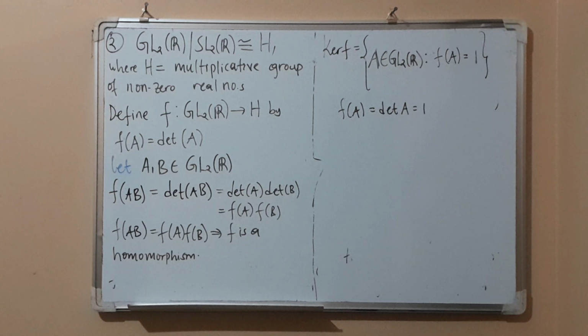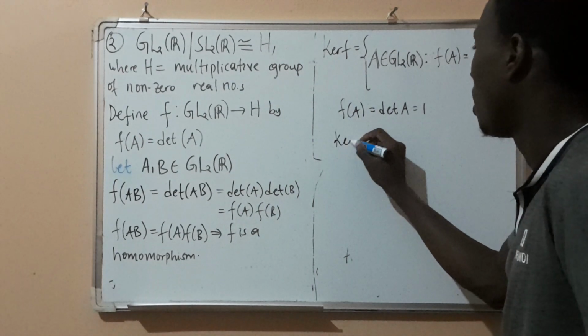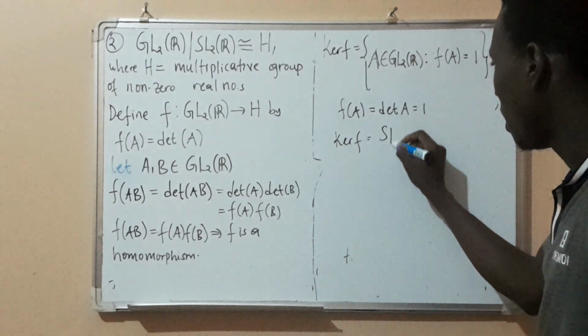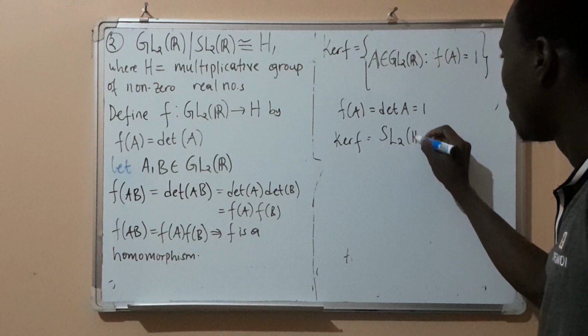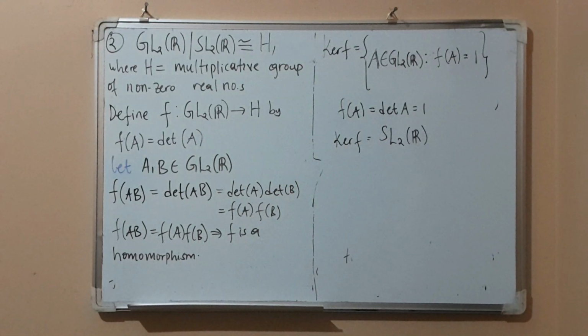Matrices whose determinant is 1. Those matrices form the special linear group. So the kernel of F is equal to SL2 over R. Such matrices form the special linear group.